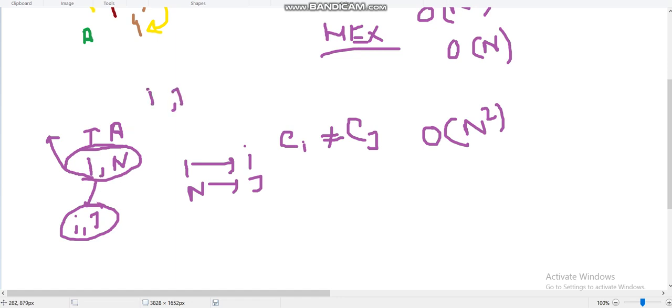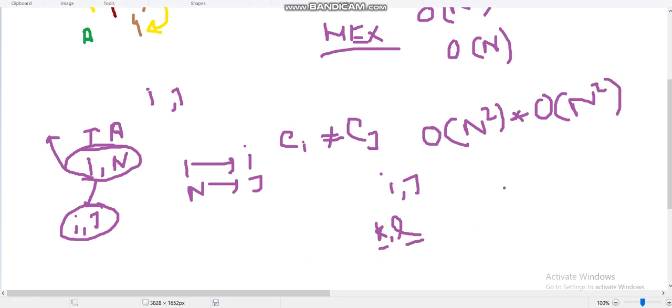And for each node, let's say we are at some node (i, j), we have to find the adjacent nodes (k, l). So you might think the overall complexity is order of n squared times order of n squared, because we are finding (i, j) and again iterating on (k, l).